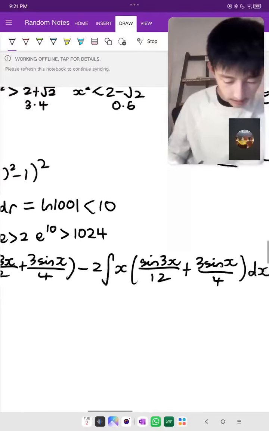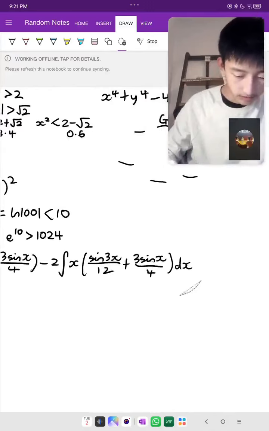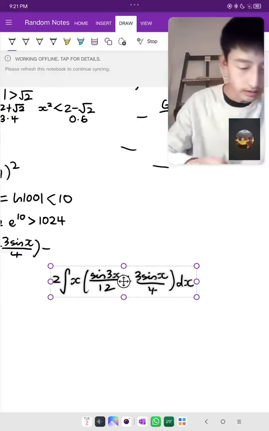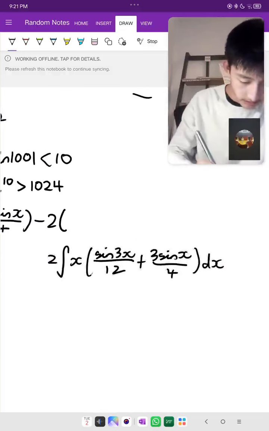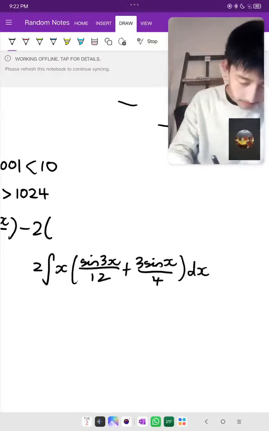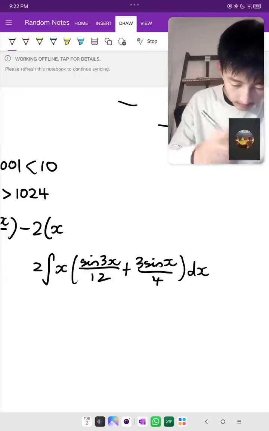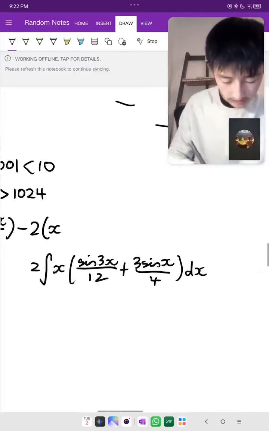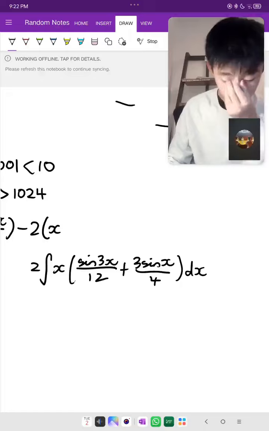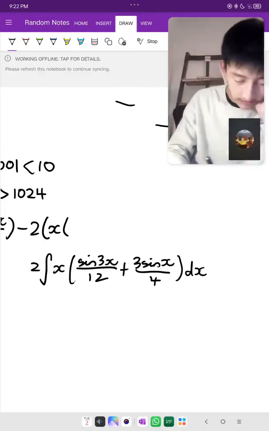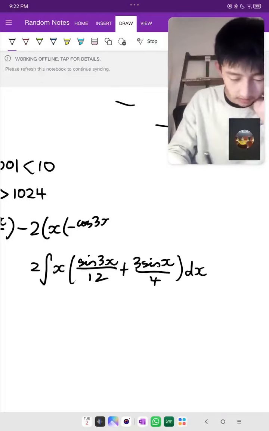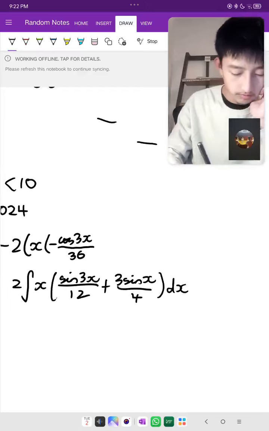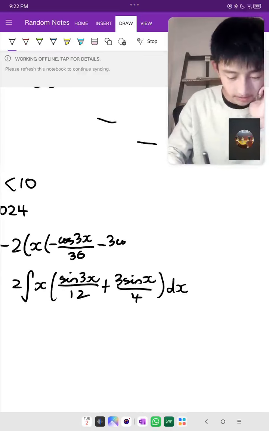And just for the sake of writing, I'm going to move this down and say this is minus 2, and then we are going to have x. So we need to integrate this now, so we're going to get x then minus cos 3x over 36, I believe, and then minus 3 cos x over 4.